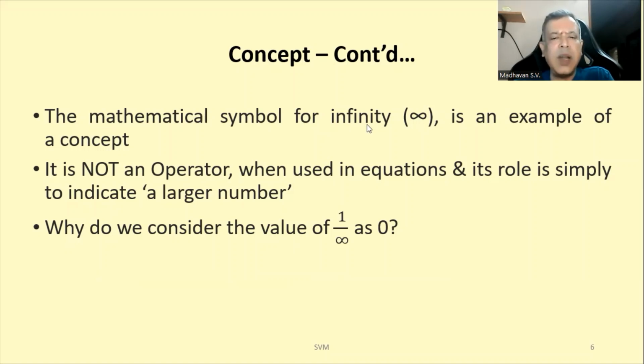In mathematics, when we do 1 by infinity, 2 by infinity, or 3 by infinity, we consider it as 0. Why? Because it is a very large number. It is not actually equal to 0, but we say that 1 by infinity tends to 0. For example, 1 divided by 10 crores gives a value almost nearer to 0. You can say that it is tending to 0, not exactly equal to 0. So that is about facts, concepts, and constructs.